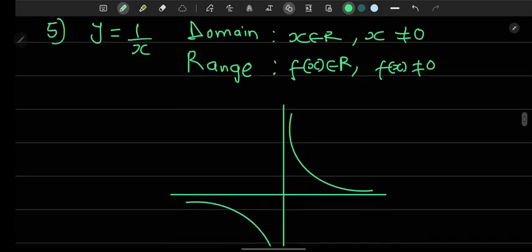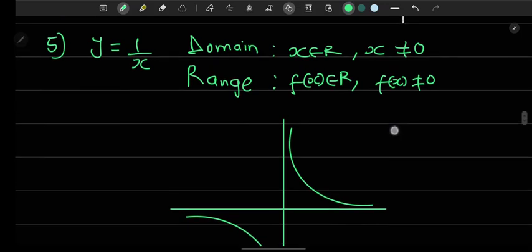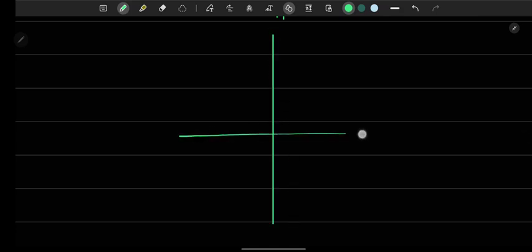Now for y equals minus 1 over x, the same thing is applicable. You have the same domain and range, but this will actually reflect on the x-axis. When this reflects, I think I will need to consider a new graph for that.